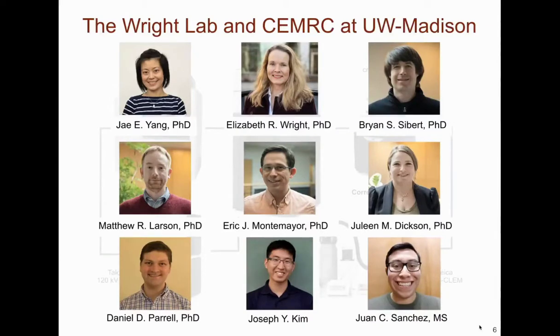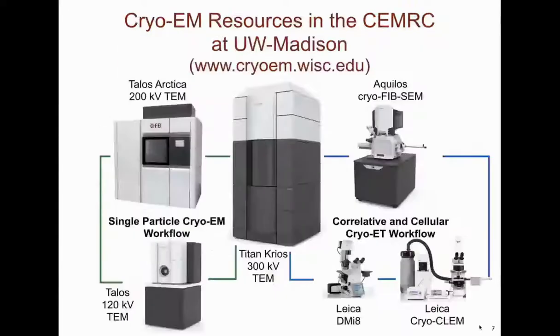We have assembled a team of the PI, 2 staff scientists, Eric and Matt, 4 postdoctoral research associates, Jay, Brian, Julene, and Daniel, and 2 graduate students, Joe and Juan. Members of the group are engaged in facility management and technology development, research projects in the area of infectious disease and neuroscience, and cryo-EM education. We are always on the lookout for new team members.